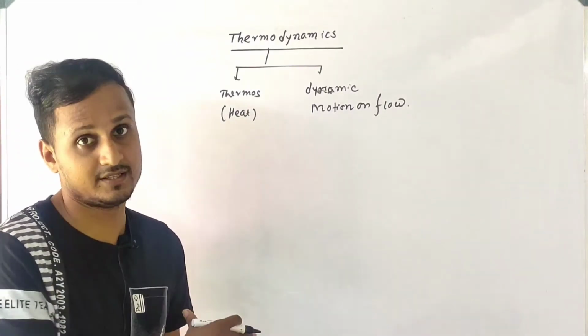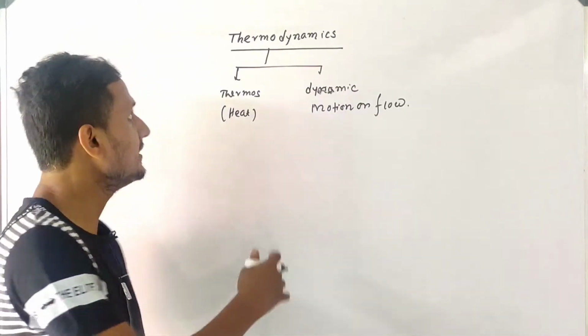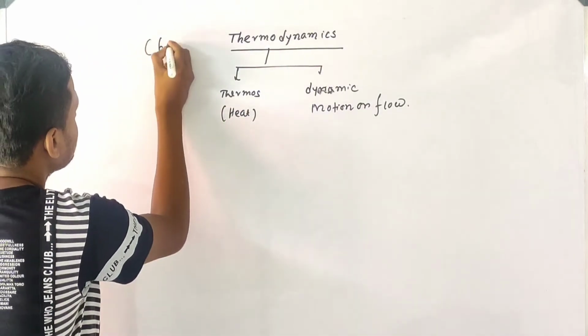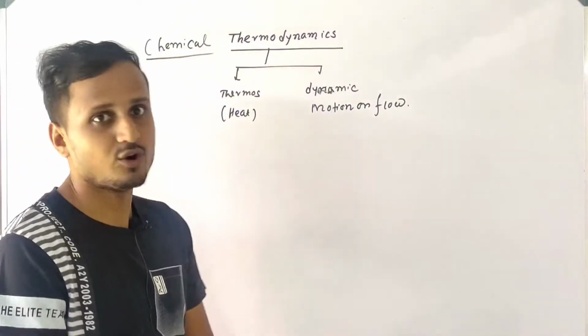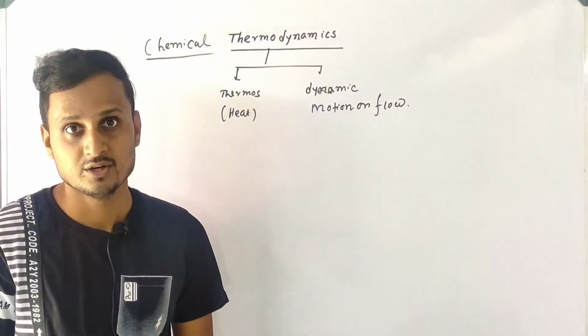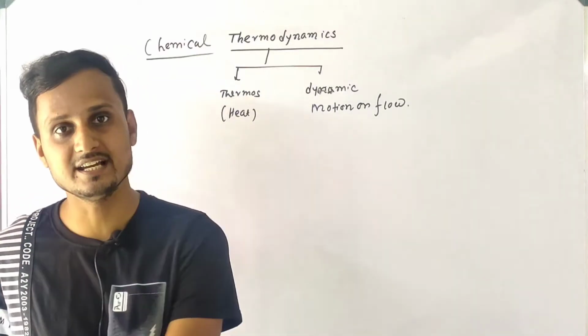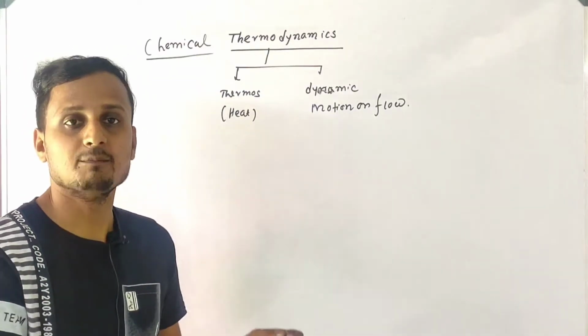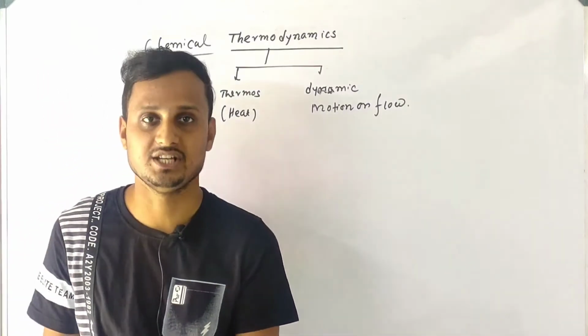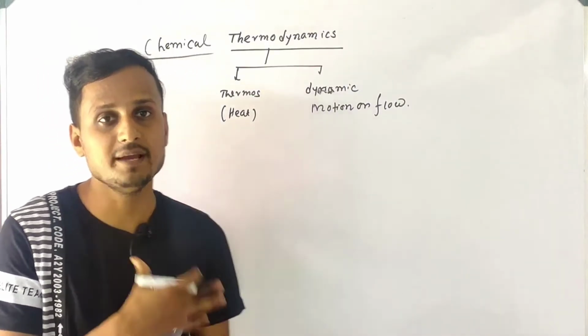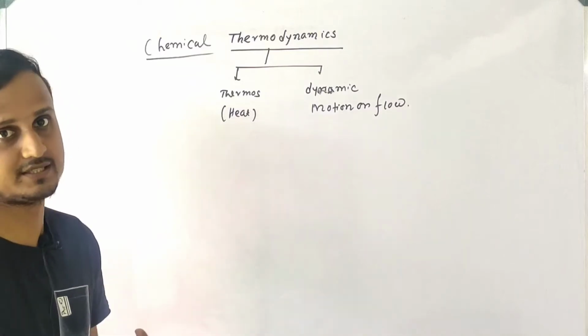Now we will learn chemical thermodynamics. It is also a branch of thermodynamics which deals with the change in energy in processes accompanying chemical change. So this is the basic thing of thermodynamics.